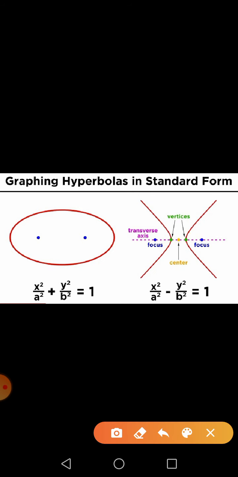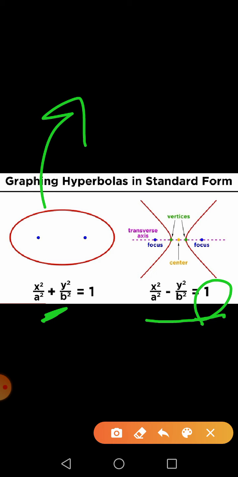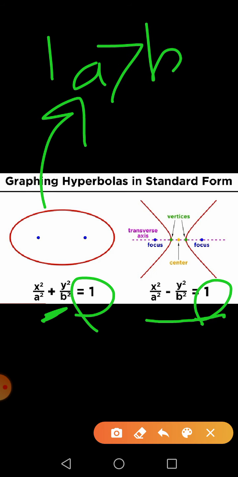Here it is x squared over a squared minus y squared over b squared equals 1, and it must be 1. Here it is positive. Do you remember the two conditions? The first one, equals 1. The second one, a greater than b. What about here?